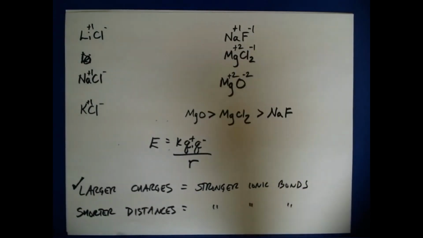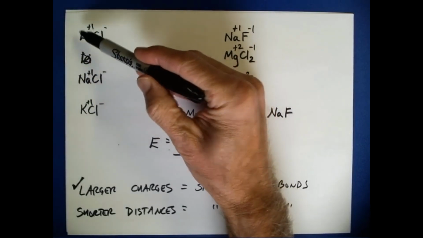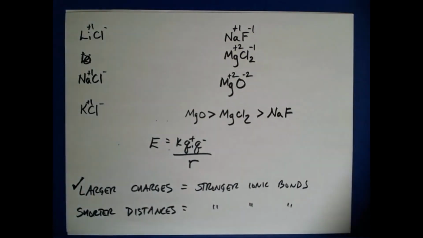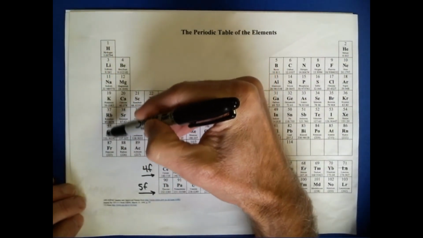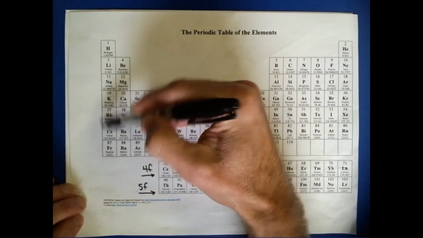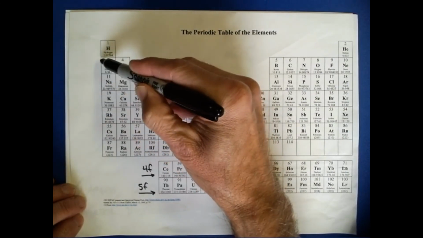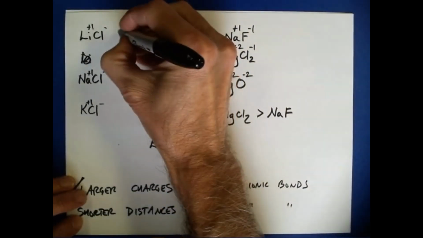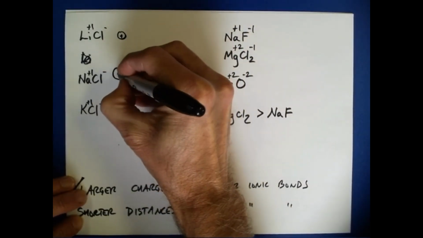Well, how in the world are we going to tell the differences in distances between the cation and the anion in these? Well, we're going to remember this idea that as you go down a family, what happens to the size of ions and why? Remember, as you go down a family, you're adding shells. And so as you go down a family, because you're adding shells, the cation is going to be getting bigger and bigger.